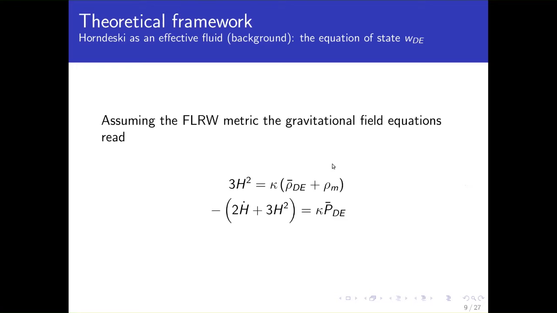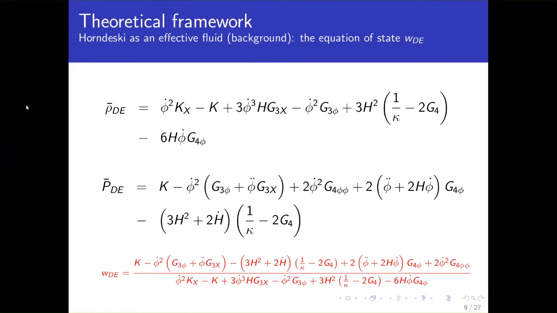This we do by defining this effective density and effective pressure for the terms coming from the modifications of gravity, let's say. Okay, so by defining this effective density and effective pressure, we can also have the first, let's say, fluid parameter for the Horndeski theories, which is the equation of state.